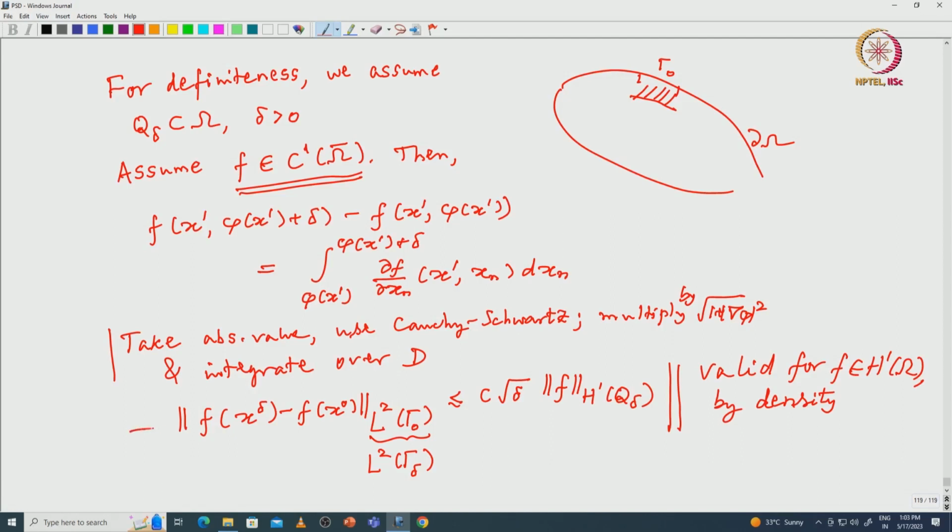So, this is starting with a small piece gamma 0. I forgot to tell what this x is. So, this x delta is x prime, phi x prime plus delta. So, this sits on gamma delta, and x 0 is the surface we started with.